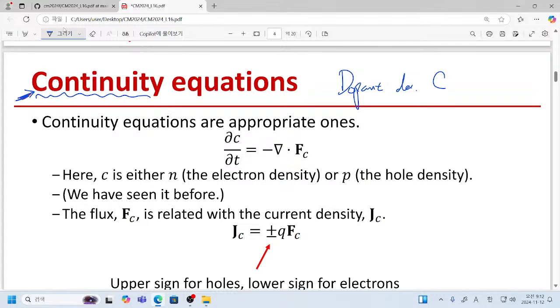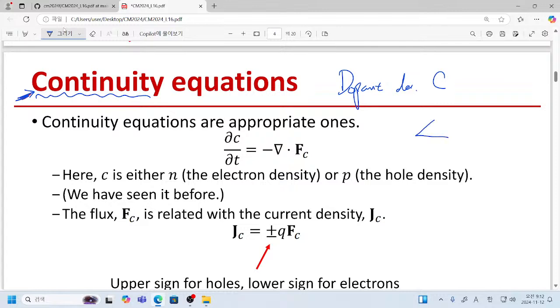So the continuity equation simply means that if your particle of interest is not created or annihilated, then this will be the case of our equation.